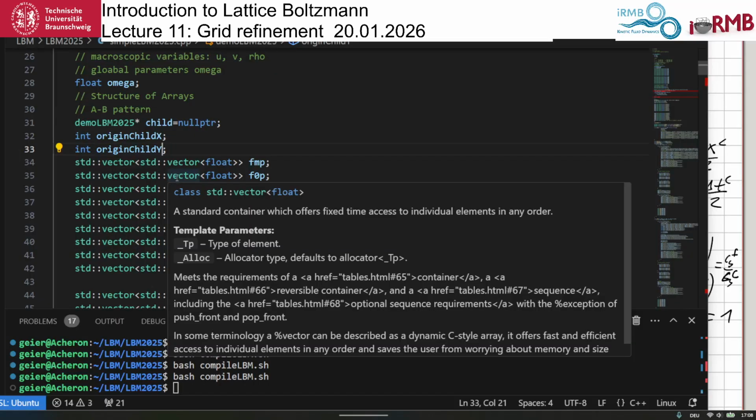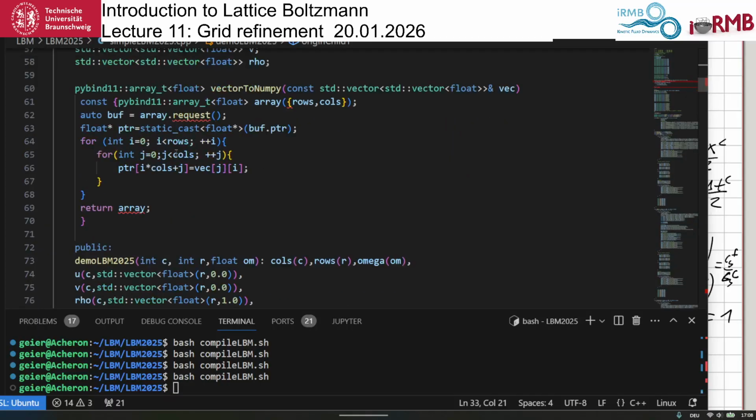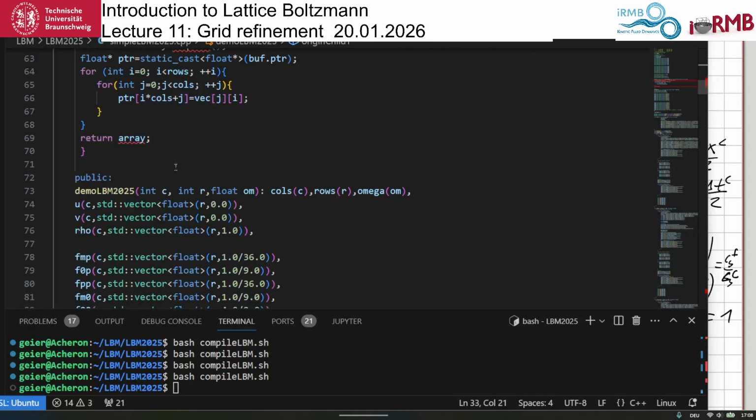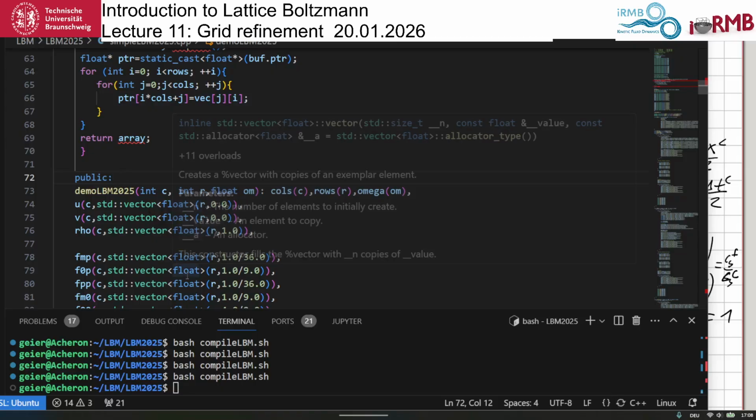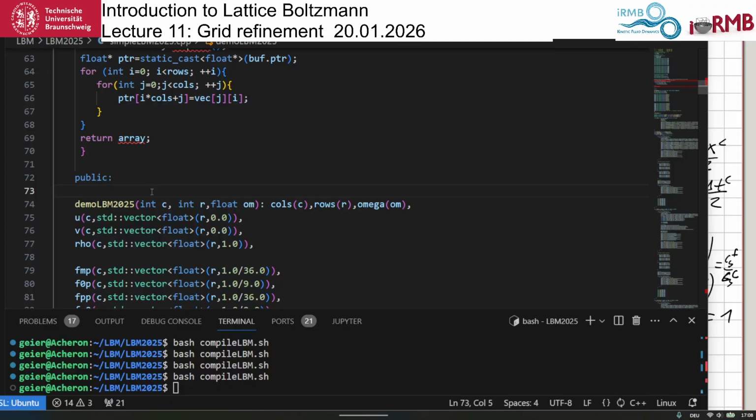Then we would need to be able to actually generate something like this, so there would be a public function. For example, we could put it like here.